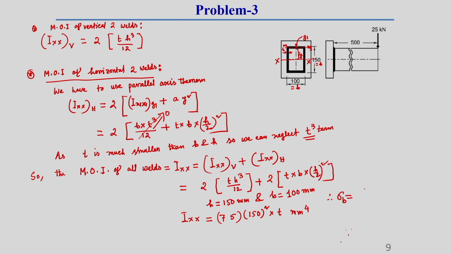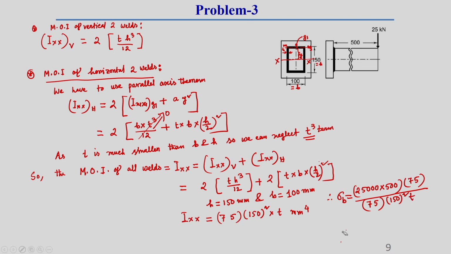Sigma b equal to 2500 Newton into eccentric distance 500 into y max, here we get as 75, and Ixx of all weld we got as 75 into 150 square into t.